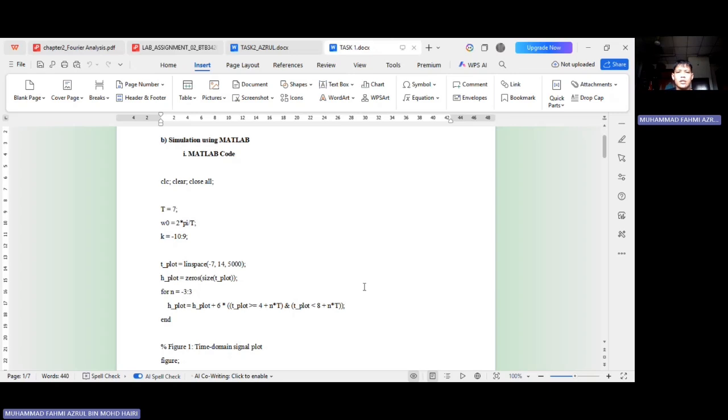Instead of running a summation of ck, the time domain baseline is directly defined. The baseline establishes the periodic time domain profile ht from t equals -7 to 14.